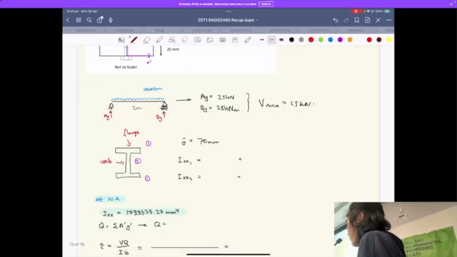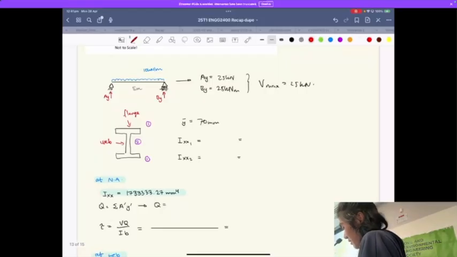We're going to take the inertia of the flange because the two flanges are identical. The dimensions for those are 50 times 20 cubed over 12, and the other one is 20 times 100 cubed over 12. You end up with 3.3 and 1.666.